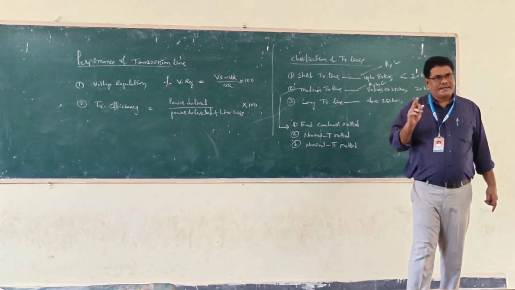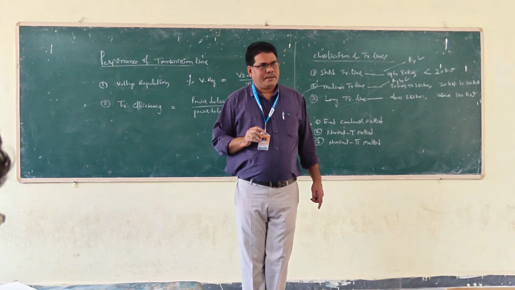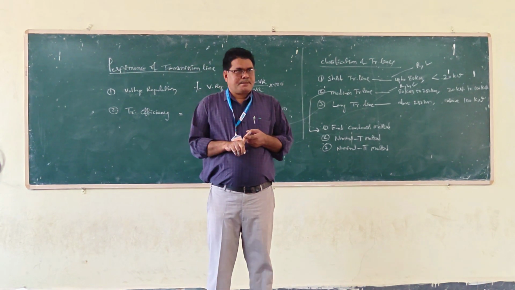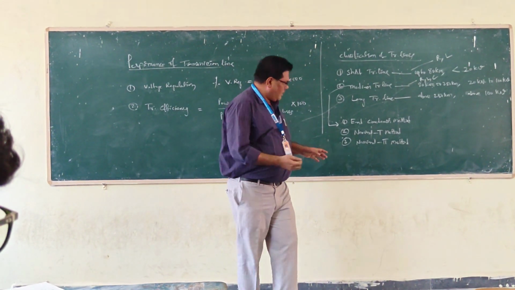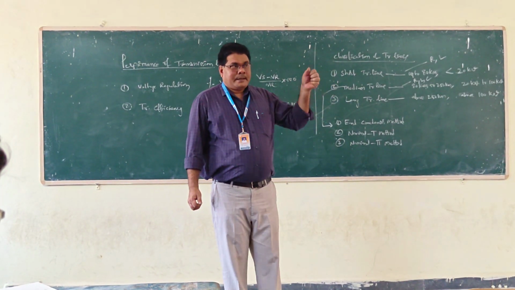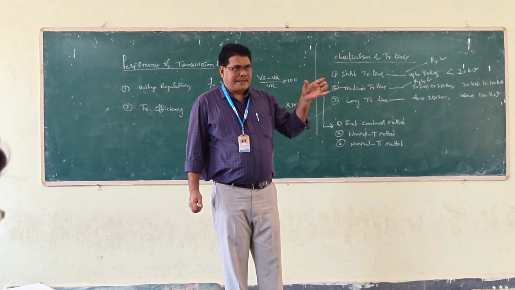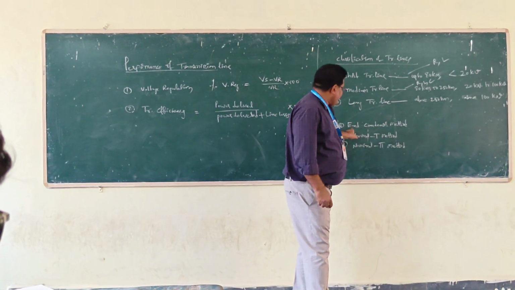End condenser refers to capacitance. In a medium transmission line, capacitance plays a very important role, so it has to be taken into consideration. How to analyze it? First, the end condenser method.